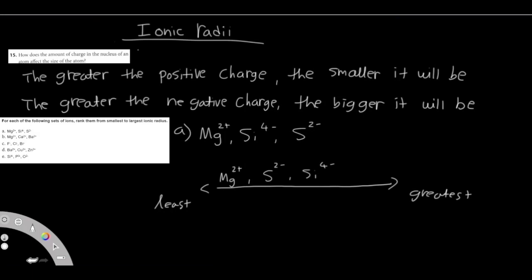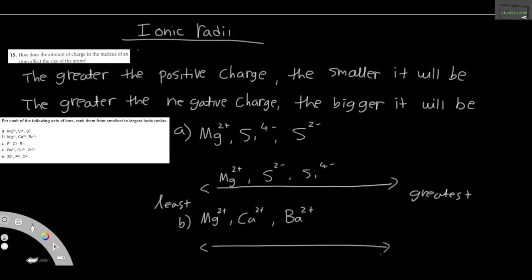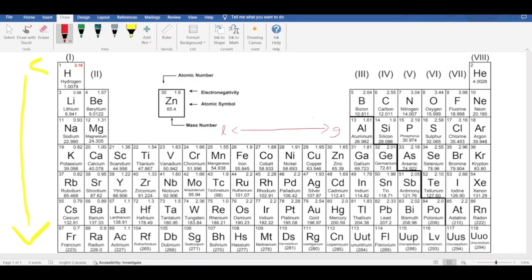Now, all of these, Mg2 plus, Ca2 plus, Ba2 plus, let's have a look at that. How would that look? Mg, and then Ca, and then Ba.